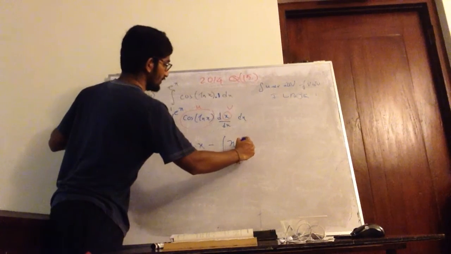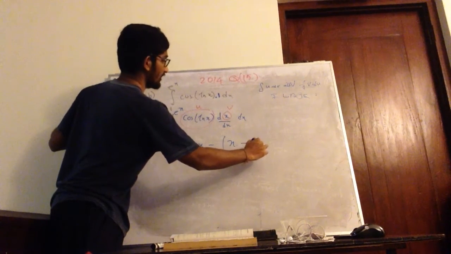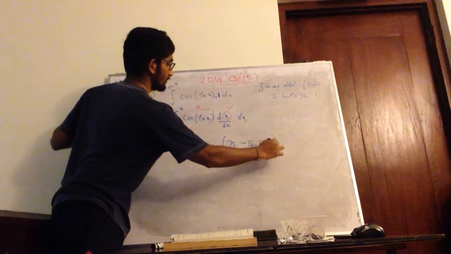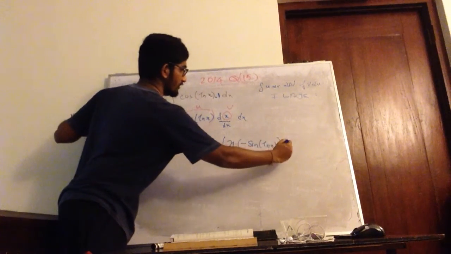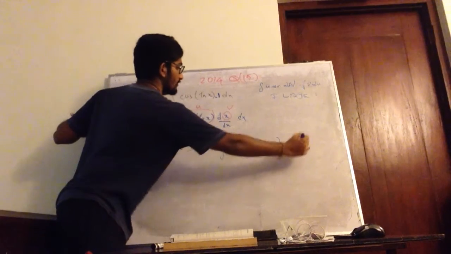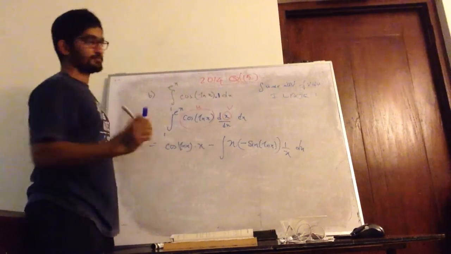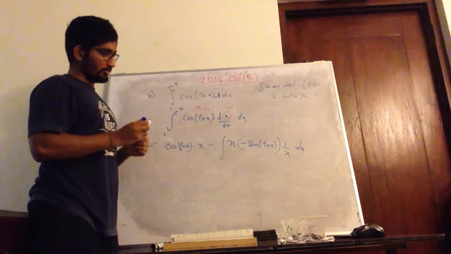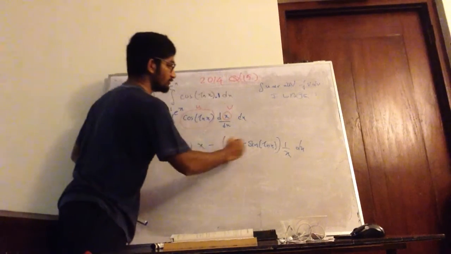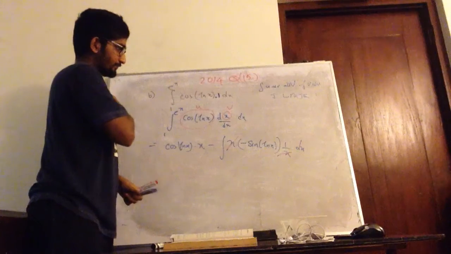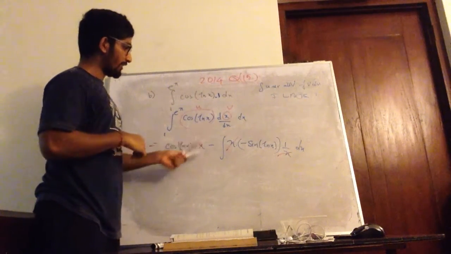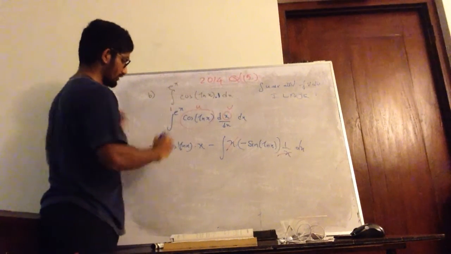That means minus sin(ln x). Then we are differentiating this, so that is 1 over x. Right now? So here I can cut these two off. Yeah, so then minus can be taken off, which is positive.